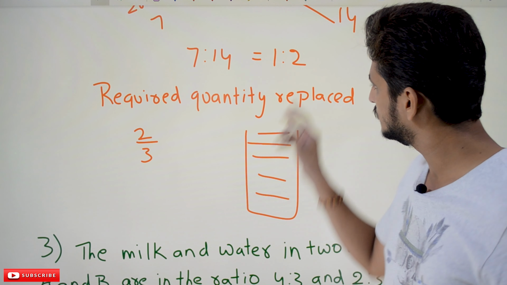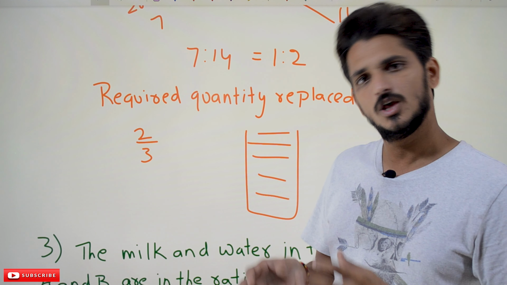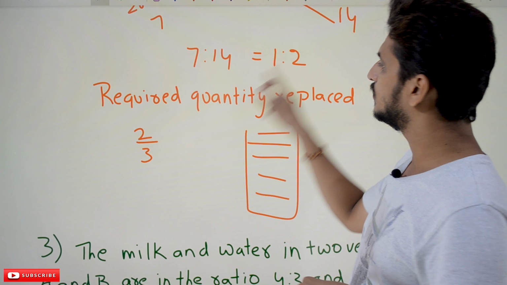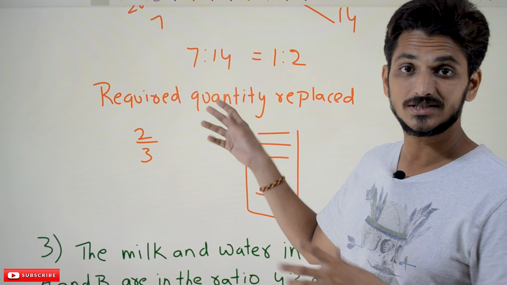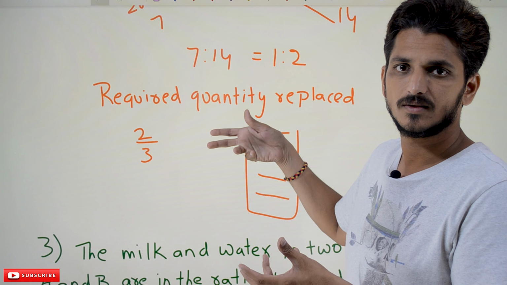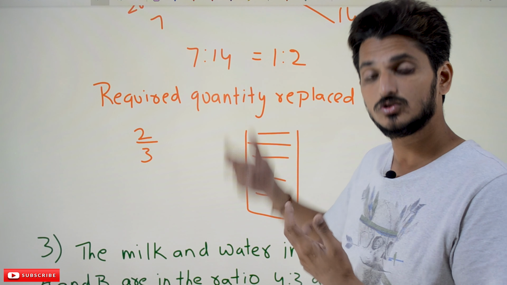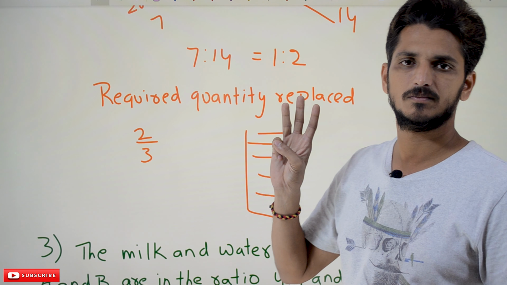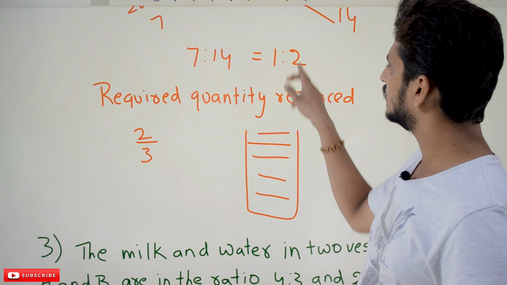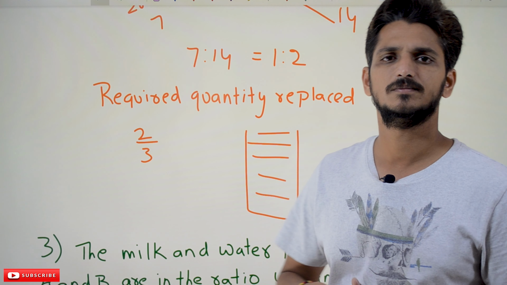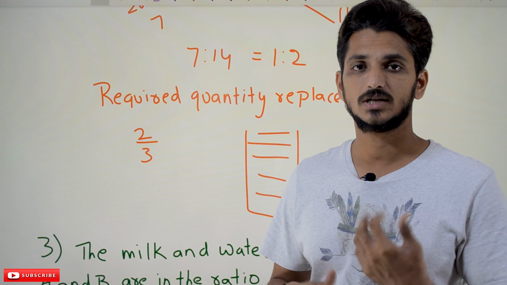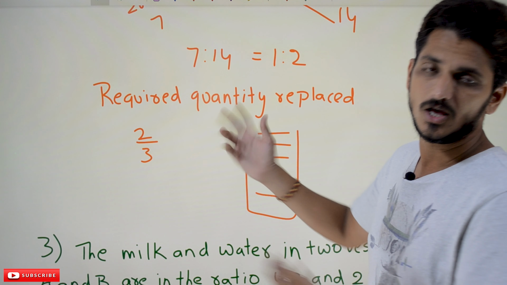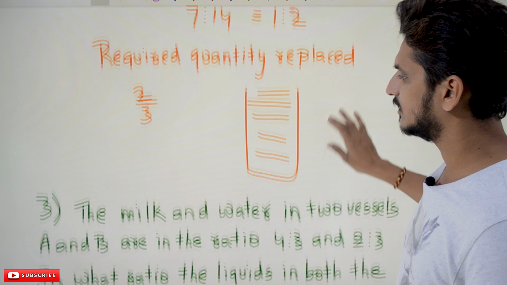If you find the ratio value, you can identify the quantity. In our last class we discussed that 2 by 3 multiplied by 100 is the percentage. Indirectly, if you know ratios, you can identify the percentage. 1 plus 2, total how many? 3. 2 parts out of 3 parts, 2 by 3. That is why 2/3 of the part has to be removed, and you have to mix in the second one.